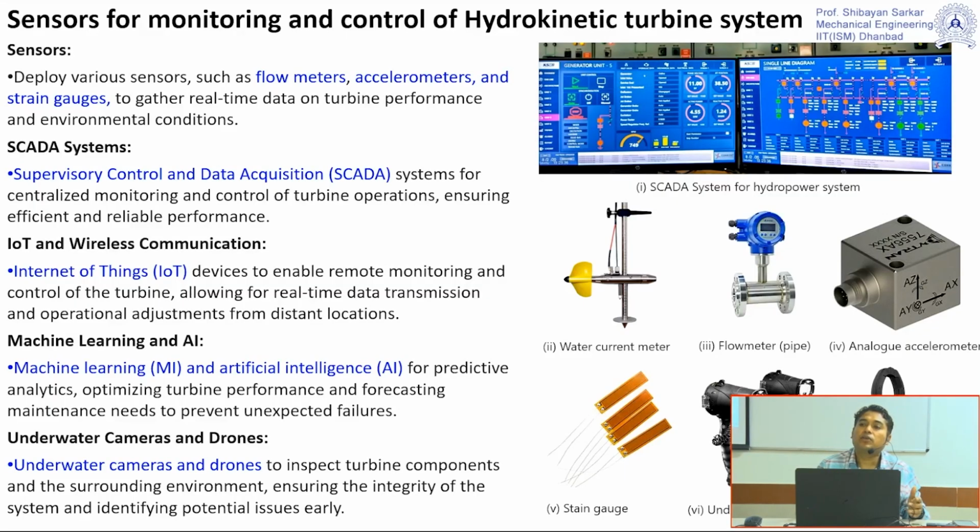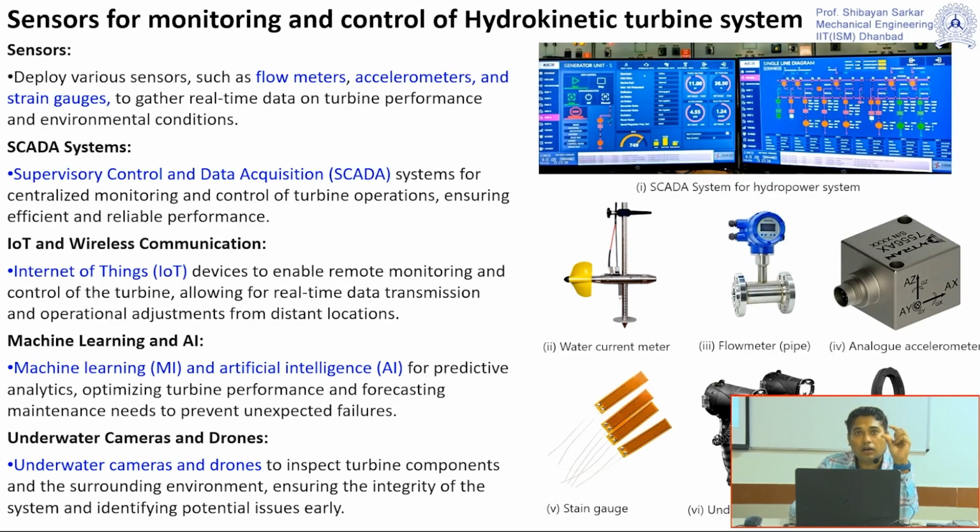Now with this data, you can train your system. That means you can train your machine learning or artificial intelligence system. After they are trained, they will give you some early fault detection signal.